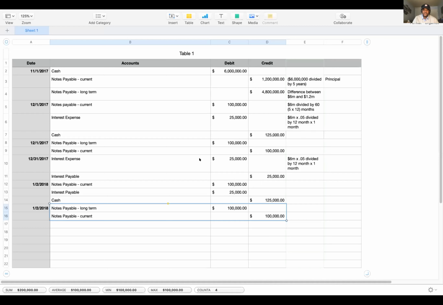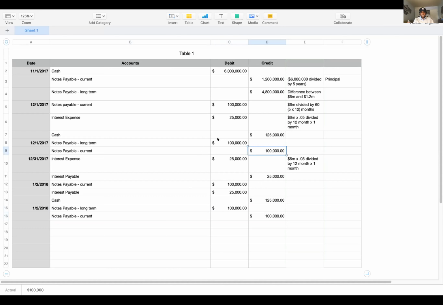I am, yes. So the reason why we're doing this journal entry here, okay, and here, is because the amount that is current represents the amount of principal that we have to pay over the next 12 months.